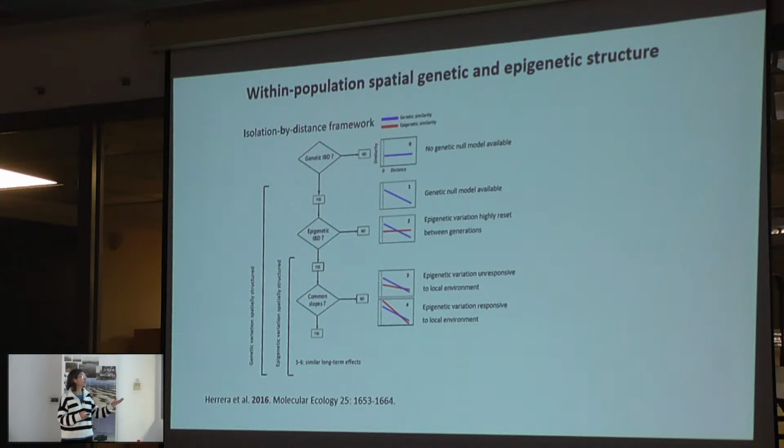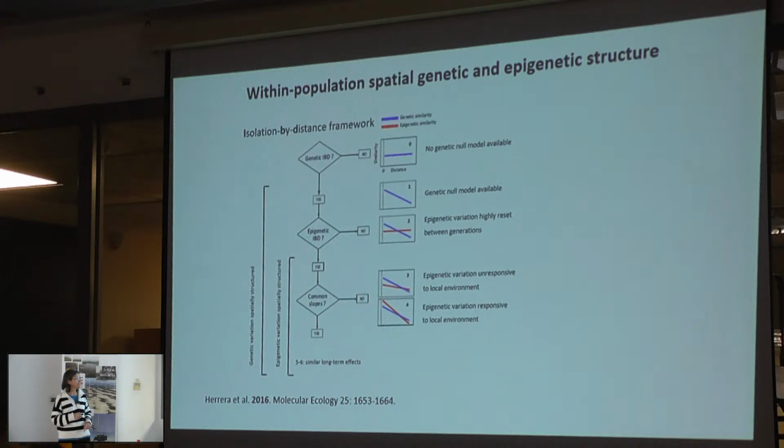This is the isolation by distance framework, in which, if you pay attention to the blues, we can have a null model if there is no relationship between the relatedness of the individuals in natural populations and the distance between them in the population. But very frequently, neighbors are more genetically related, and the relationship degree decreases with the distance.